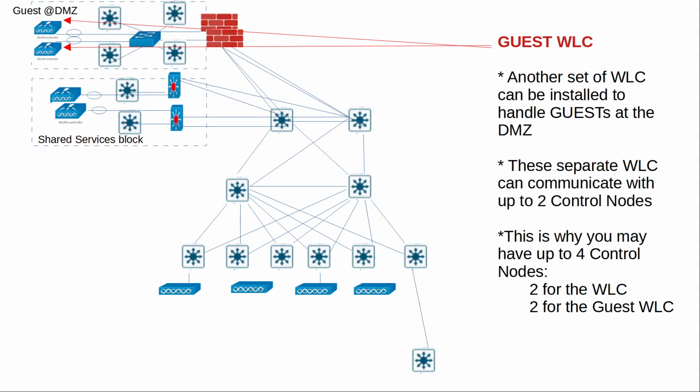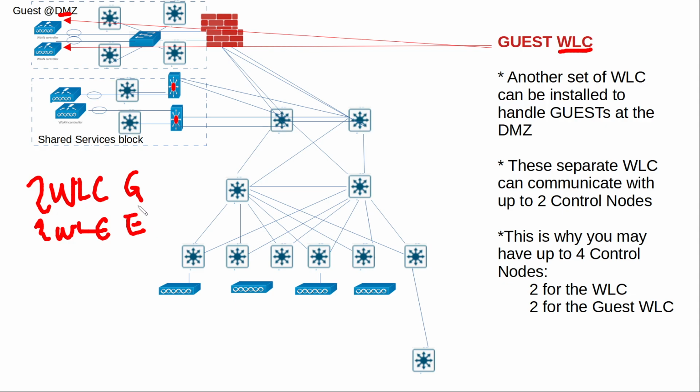If you design your network to have a guest solution in the DMZ, then you will need another pair of wireless LAN controllers that you could call the guest wireless LAN controller. So if you're going to have guest traffic allowed in your corporate network, you're going to need 2 wireless LAN controllers for your guest traffic and 2 wireless LAN controllers for your enterprise traffic.